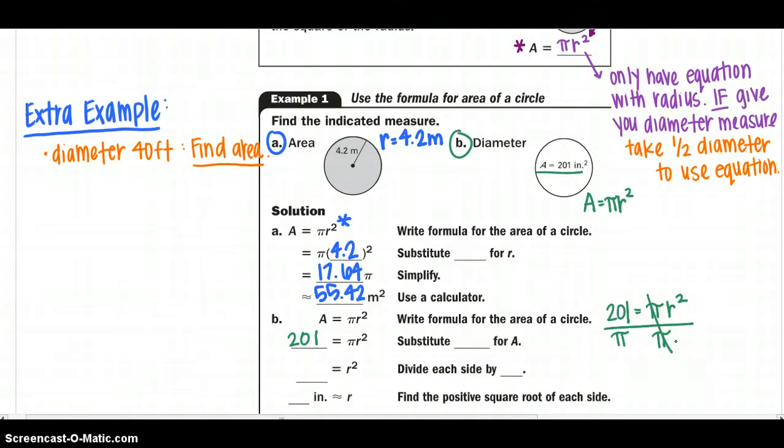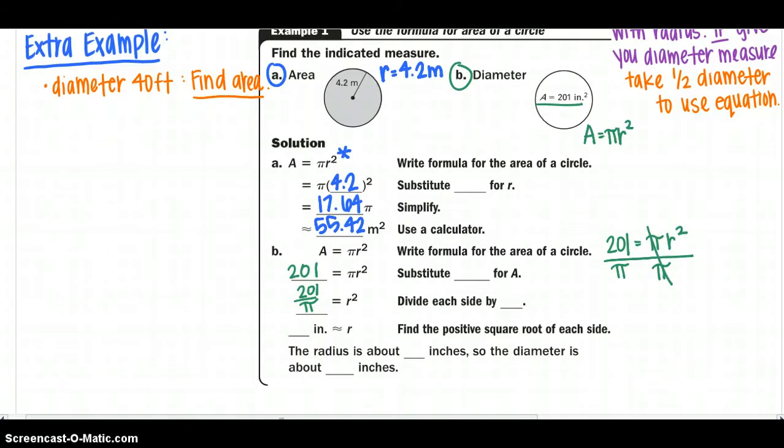I'd be left with r squared equals 201 divided by pi, which is in terms of pi. Then my radius, because I'm solving for r, would be 8. But I need to look back at what they have asked me to find, which is the diameter. So my radius is 8 inches, and my diameter would be 2 times my radius, which gives me 16.